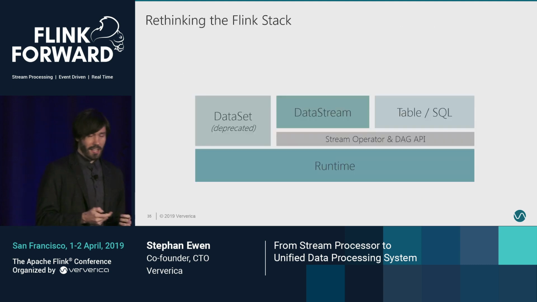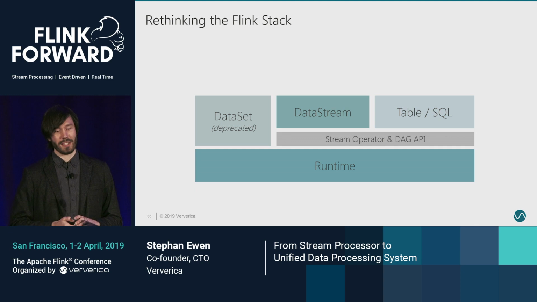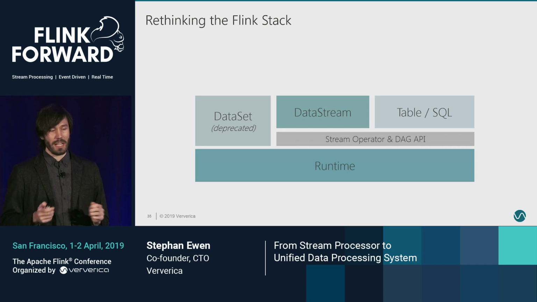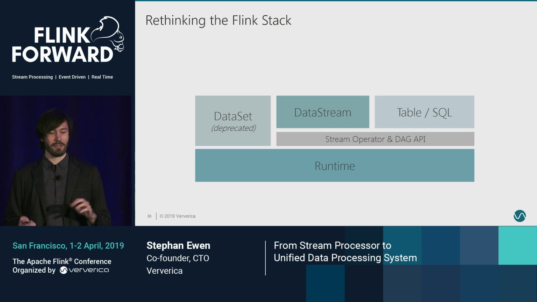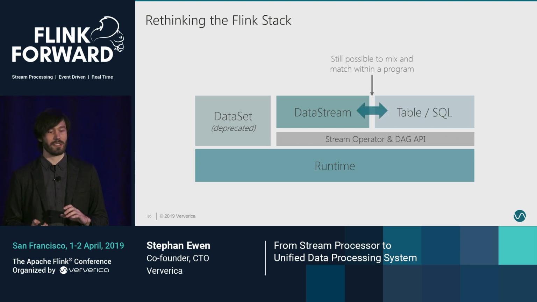So this is actually how we're trying to rethink the Flink stack a little bit. We're not thinking of the table API anymore as a slightly easier way of writing a DataStream program, but they're really being fleshed out to cover these different use cases. The analytical use case in the table API and SQL, and the more application use cases in the DataStream API.